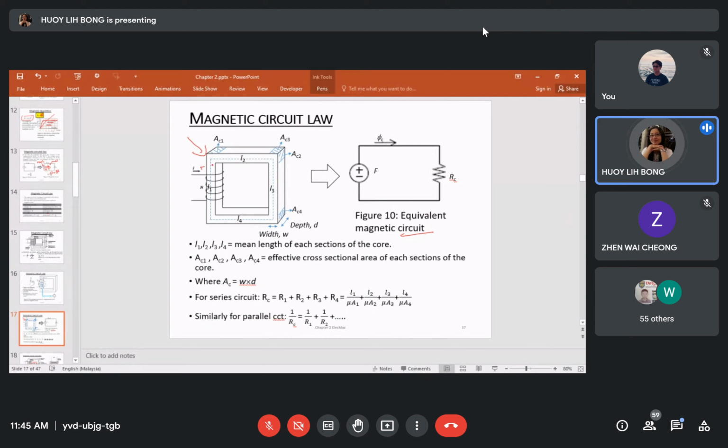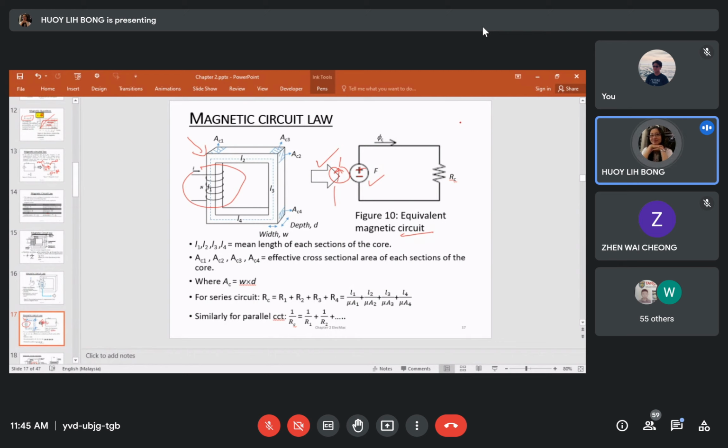So we're drawing this winding as a voltage source. If you draw it as a current source, it also can. This is also correct, I also give you marks. Both are correct, as long as you know that this is a source, either a current source or a voltage source.